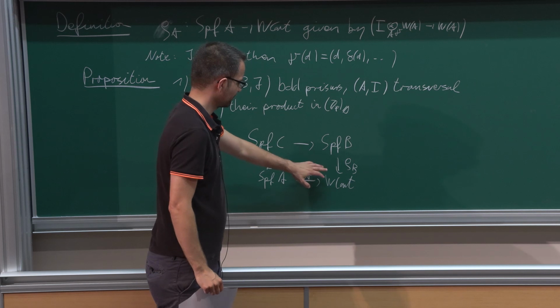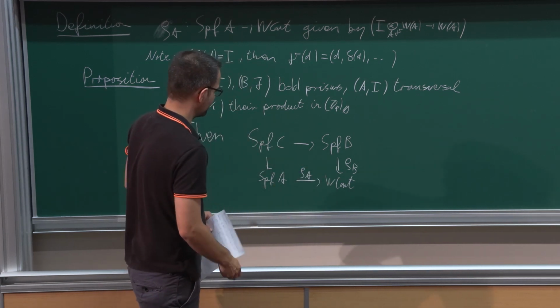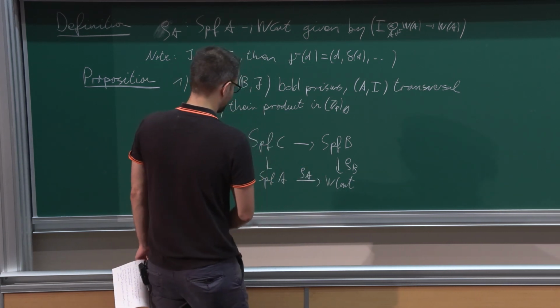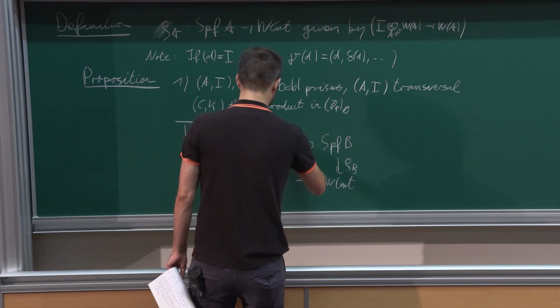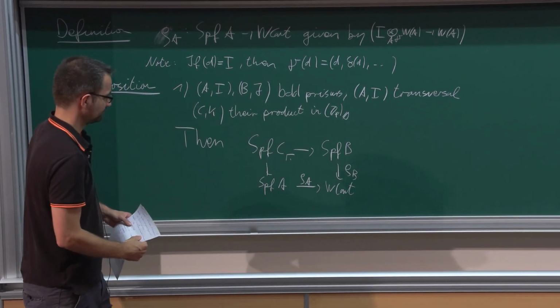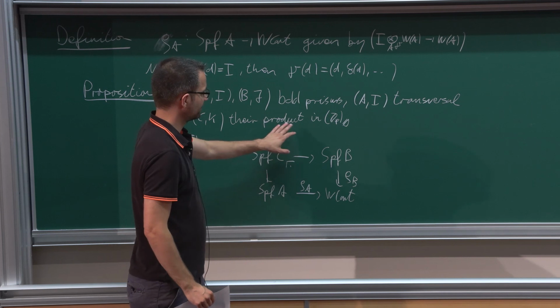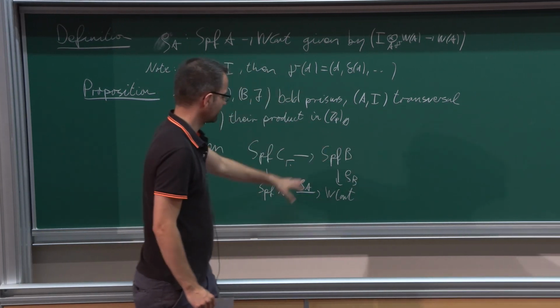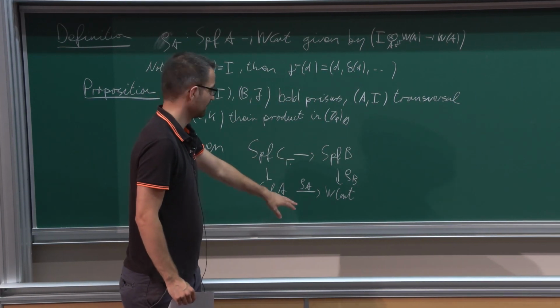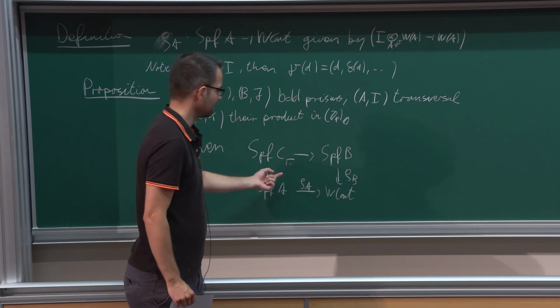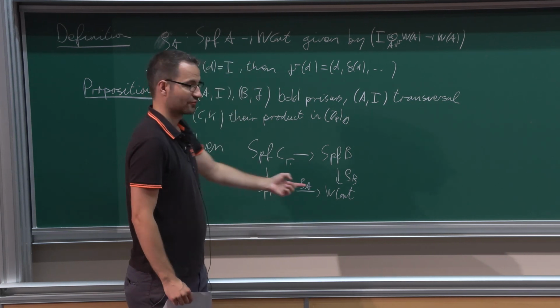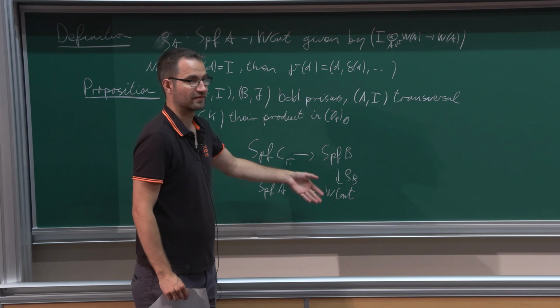I mean, this follows from the naturality of these morphisms rho B. And so actually this diagram is Cartesian. And so at least under the assumption that one of these factors is transversal, the Cartier-Witt stack realizes, so to say, the initial prism, although it's a stack and so on.